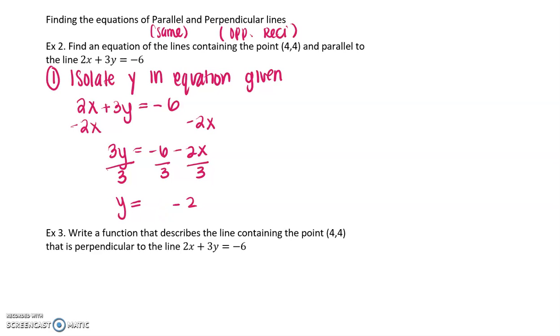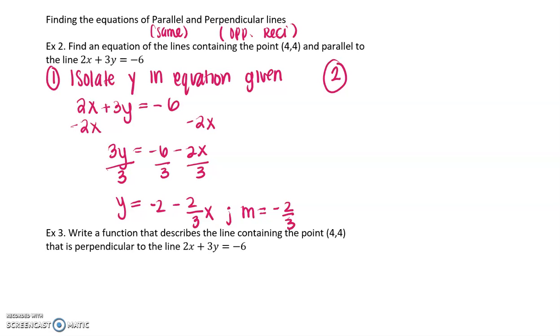So this is going to be y = -2 - (2/3)x. Alright, so now that we've isolated the y, I know that the slope is equal to -2/3.